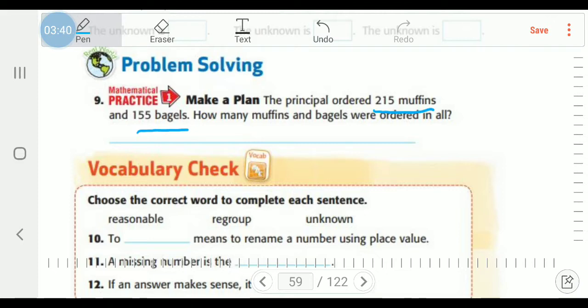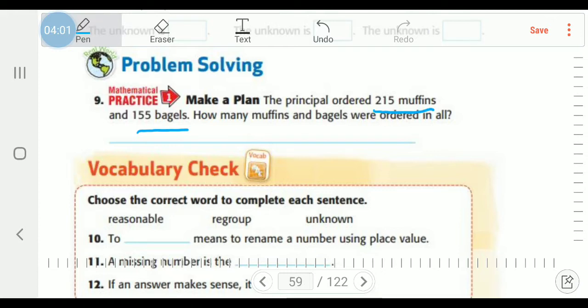Is this second grade adding, subtracting? Is this third grade multiplying, dividing? The principal had some muffins and then got some more. And we know that some more stories are adding stories. So your plan is you're going to add these two numbers.